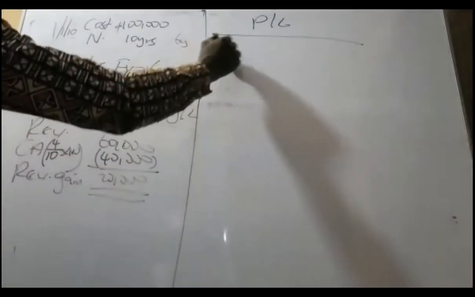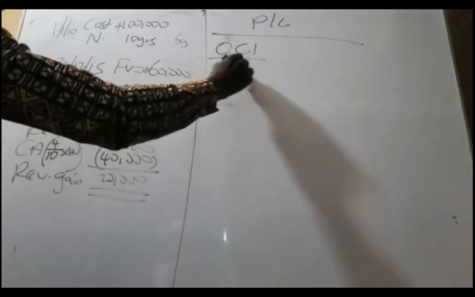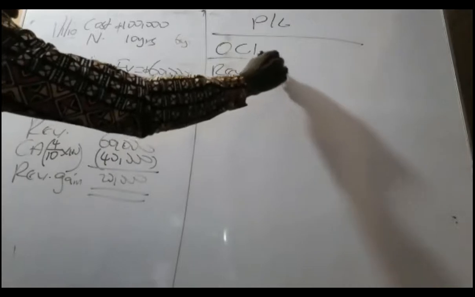What will happen in the P&L? You said that OCI, we record it in OCI as what? Revaluation gain. Revaluation gain of 20,000 here. And we said that the gain must be added to the carrying amount of the asset.